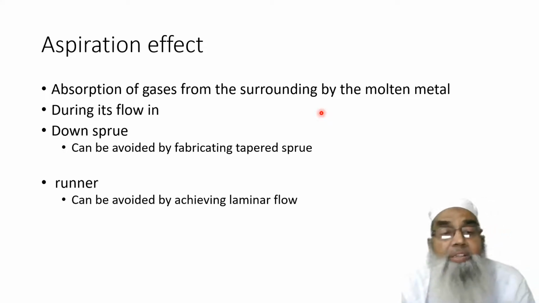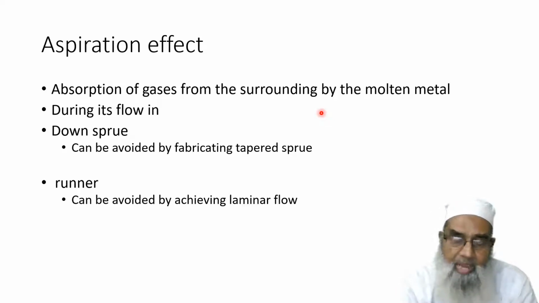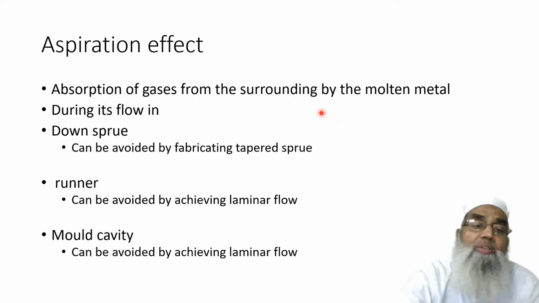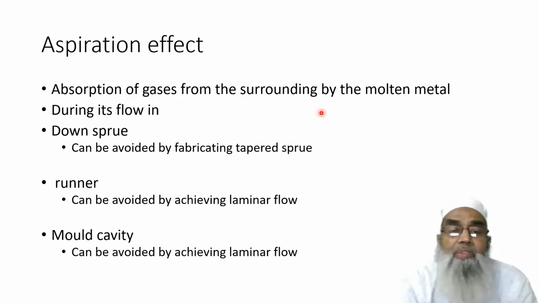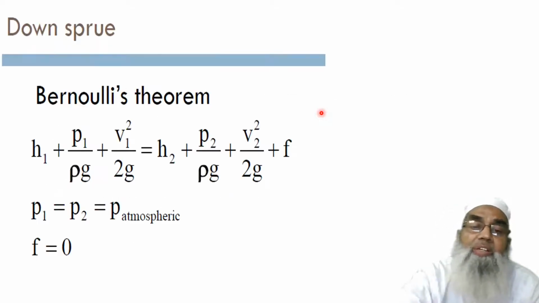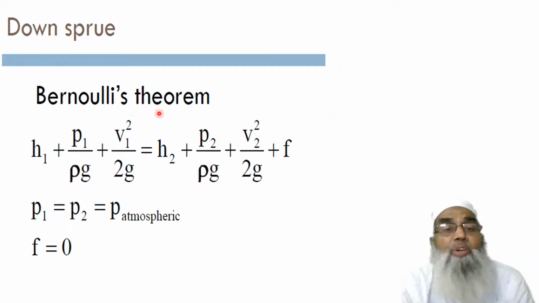It can also occur in the runner, where it can absorb gases from the surroundings, but this can be avoided by having a laminar flow. Similarly, in the mold cavity it can absorb gases, and that can again be avoided by having laminar flow in the cavity itself. Now, while designing a down sprue, first of all we know Bernoulli's theorem.